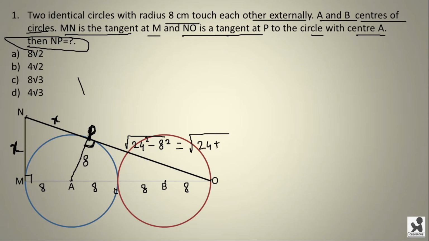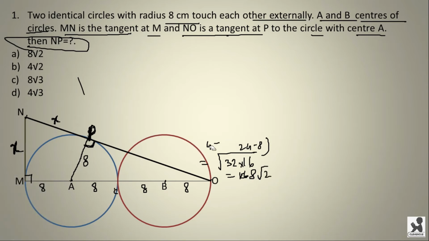So we can write 24 plus 8 into 24 minus 8. We get under root 32 into 16, which is 8 root 2. So the length of PO is 16 root 2. Sorry, this is 8 root 2.